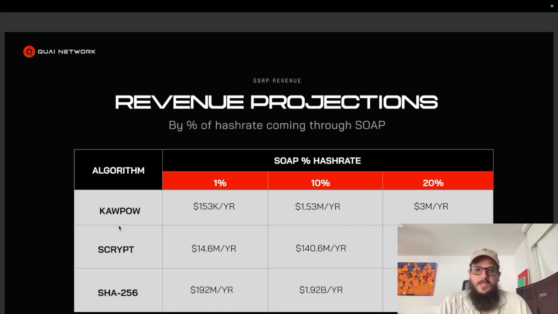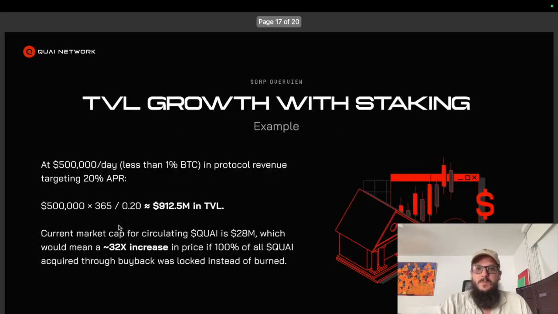If you were to get 1% of the three algos, you're looking at about $200 million a year in buybacks.